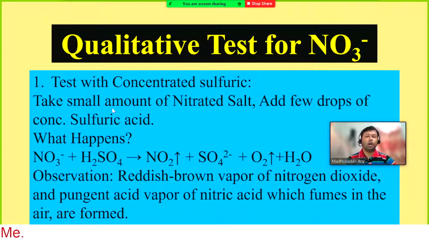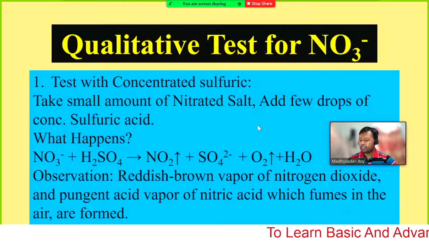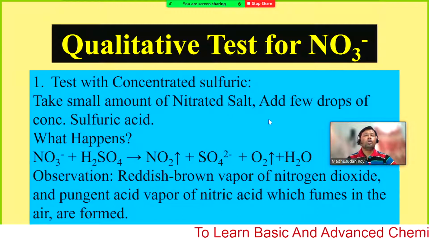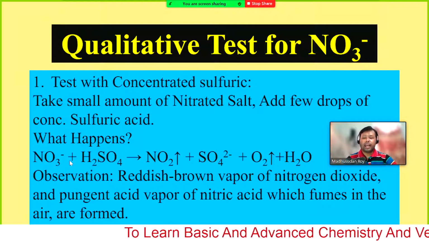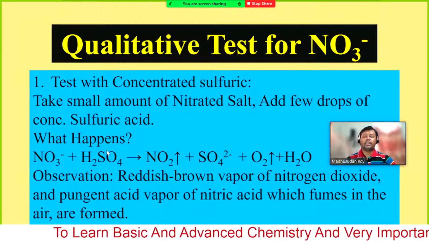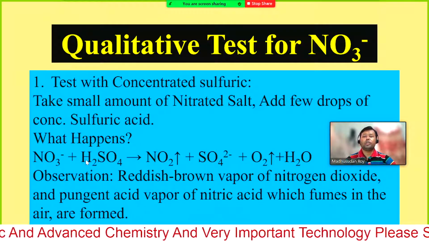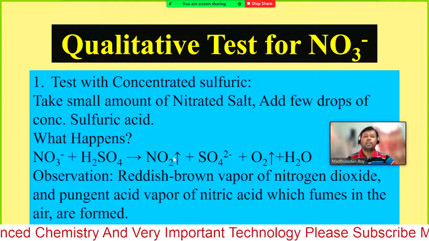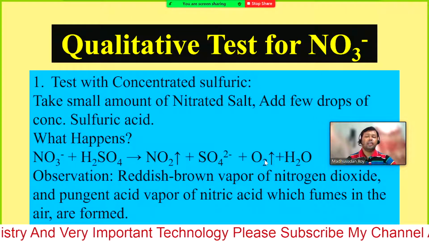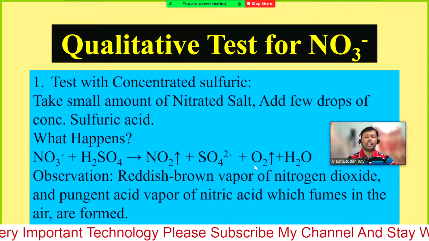Take a small amount of solid nitrate salt, add few drops of concentrated sulfuric acid, and then what happens? The nitrate salt reacts with sulfuric acid and forms nitrogen dioxide and also some oxygen gas.